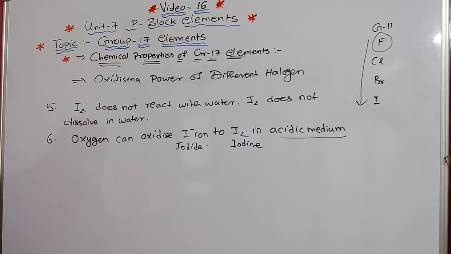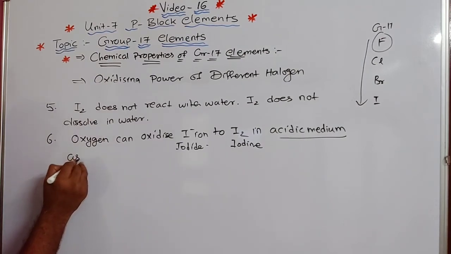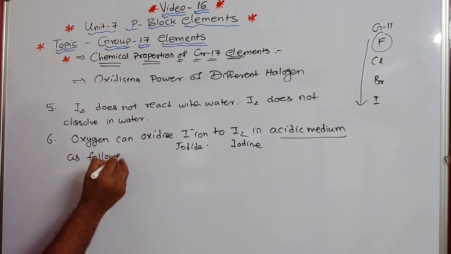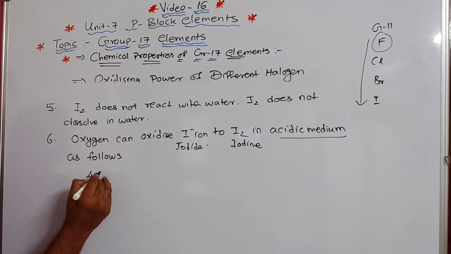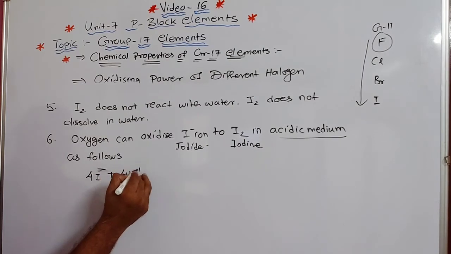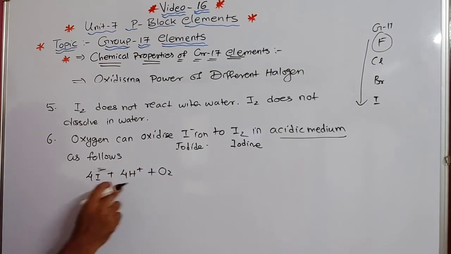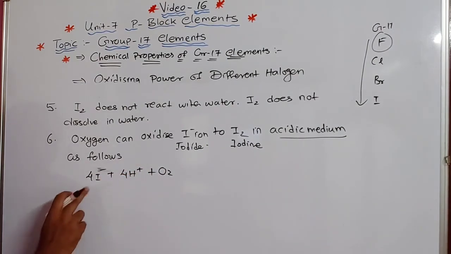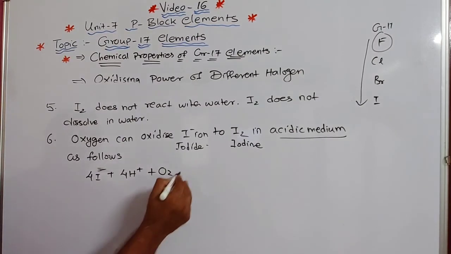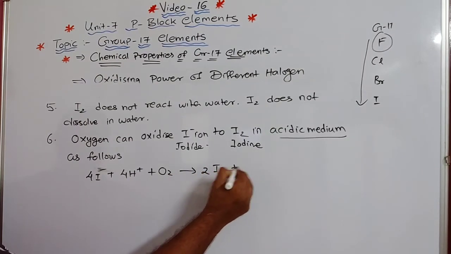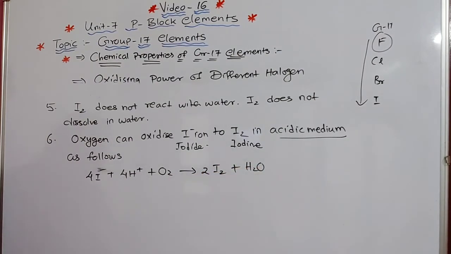You can remember this MCQ as follows. The reaction is 4I minus plus 4H plus plus O2. Now you get H plus from an acid, so you can also write 4HI plus O2, which will change into 2I2 plus 2H2O.